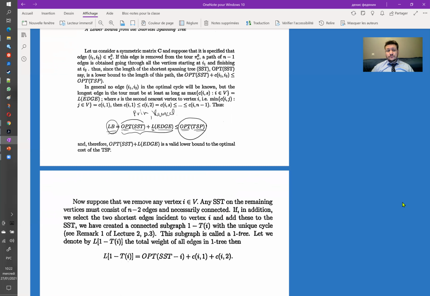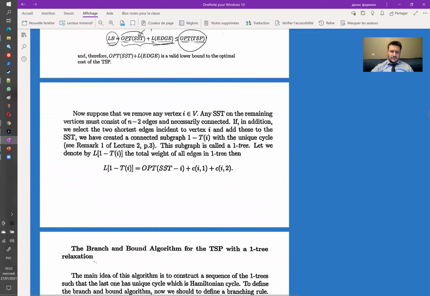For example, we can use this algorithm for creating the shortest spanning tree. It's a greedy algorithm, and it's very fast, the fastest one. We can just take it. So we have a very good, very fast algorithm to get a bound for our problem.